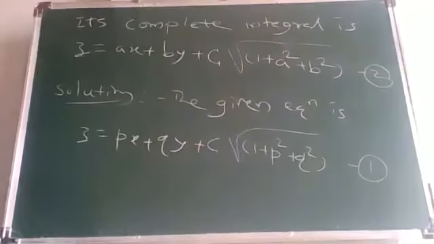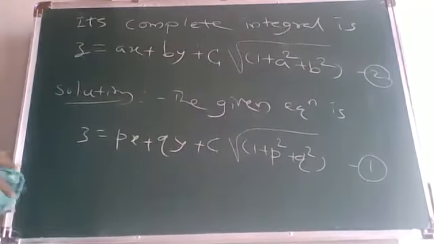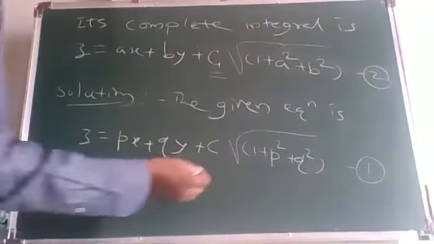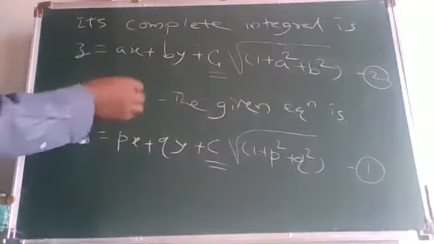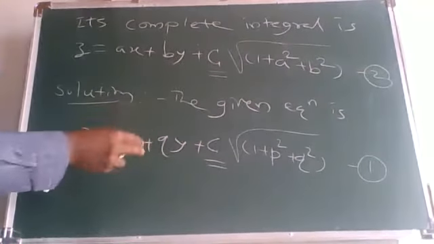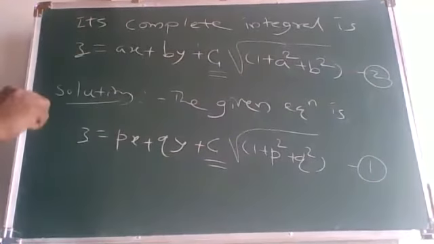We denote it by number 2. Keep in mind, this capital C is the constant in the given differential equation. So don't confuse it with the arbitrary constants in the complete integral of the given differential equation.